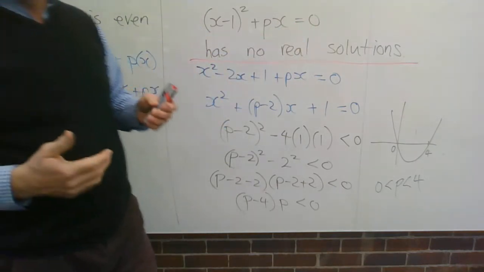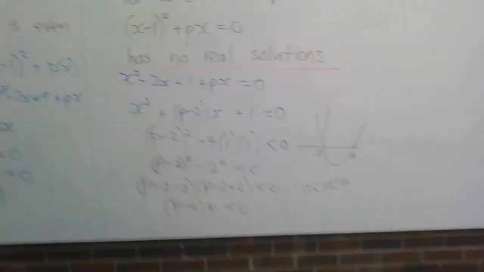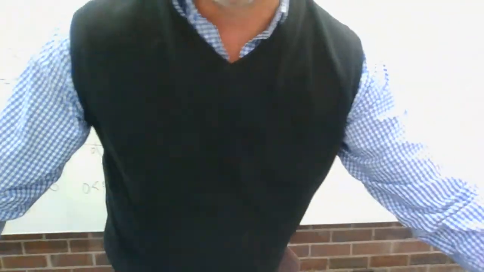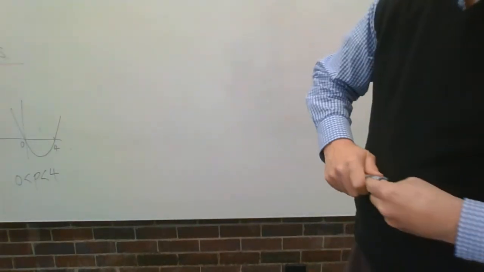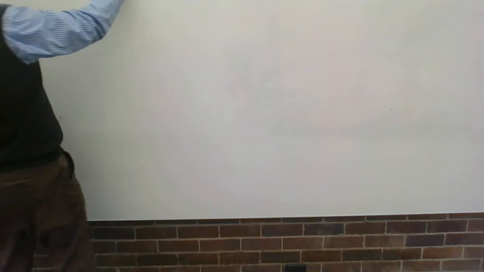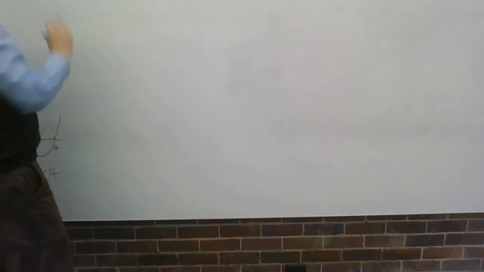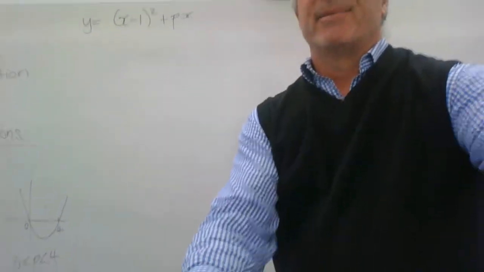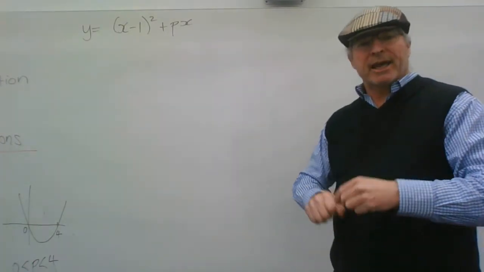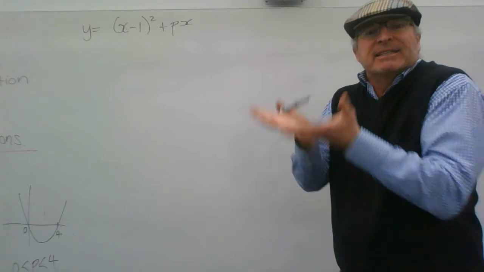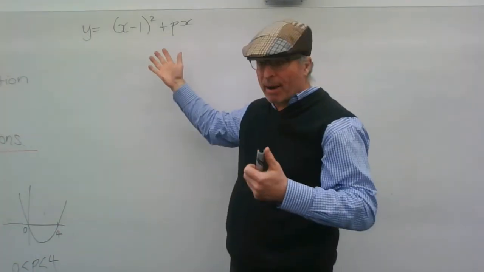Now, there is another way we could have done that, and I'm interested in it because my last question is focusing on the vertex. So I'm interested in having a look at this parabola here. We've got y equals this, and I'm interested in finding the vertex such that the parabola is above the x-axis, because it's a happy parabola.